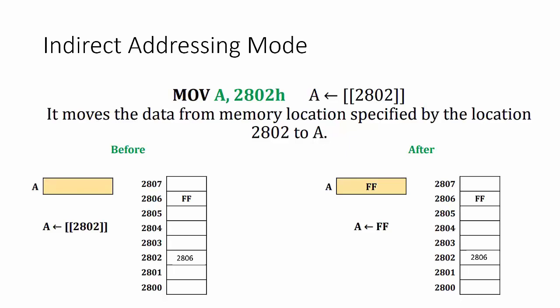As we discussed in register indirect addressing mode, whatever value the register contains is the address of memory. The same concept is implemented in this addressing mode. Whatever value is present in the defined memory location is not the actual operand, it is simply the location of the actual operand.